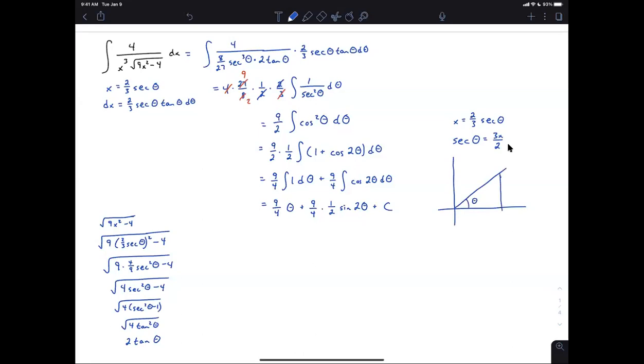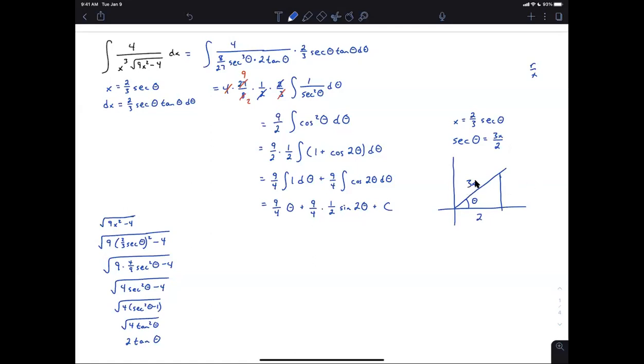And secant is the reciprocal of cosine, which means we can think of it as being r over x or hypotenuse over adjacent. Either way, the r side is 3x or the hypotenuse is 3x. The x side or the adjacent is 2. And now we use the Pythagorean theorem to get this third side.